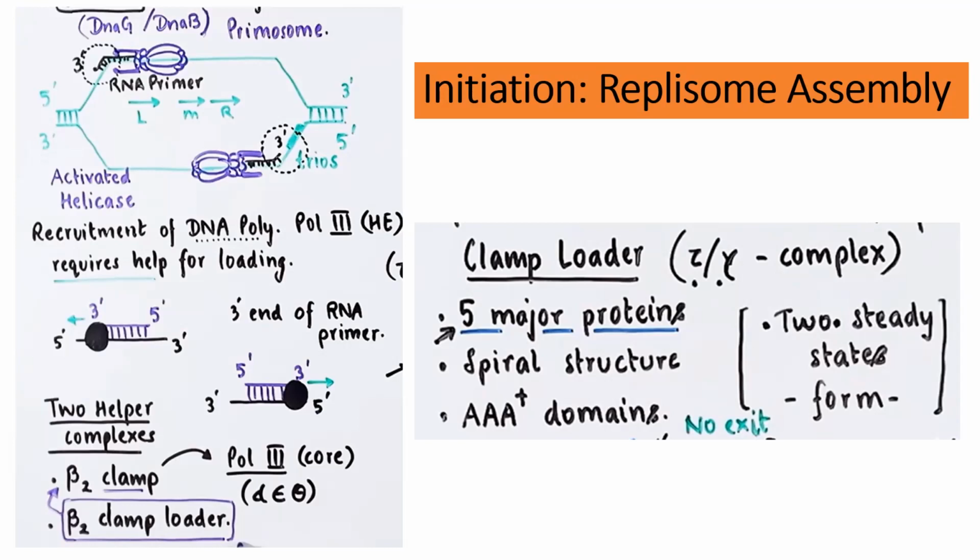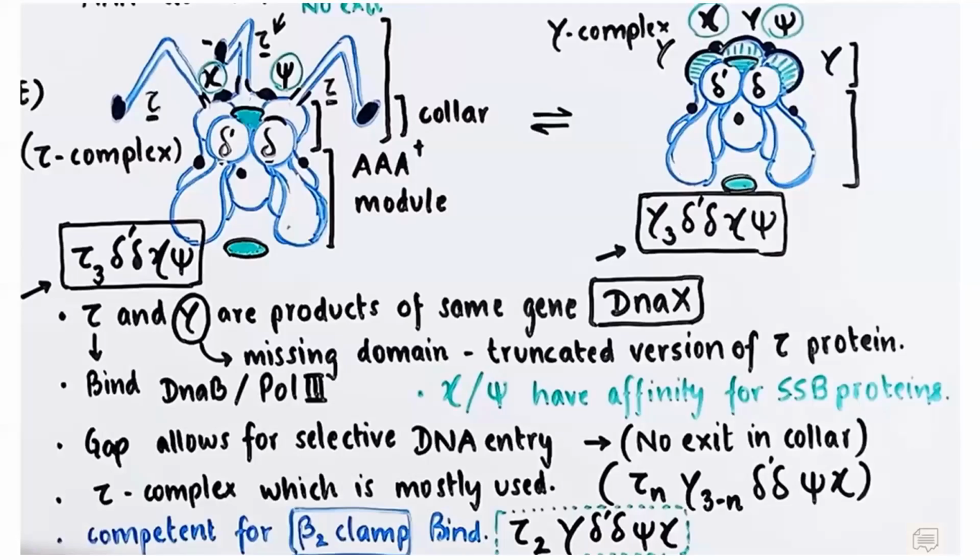So let's discuss these proteins and the structure of the clamp loader. The two constant proteins in the clamp loader are the delta prime and the delta protein.